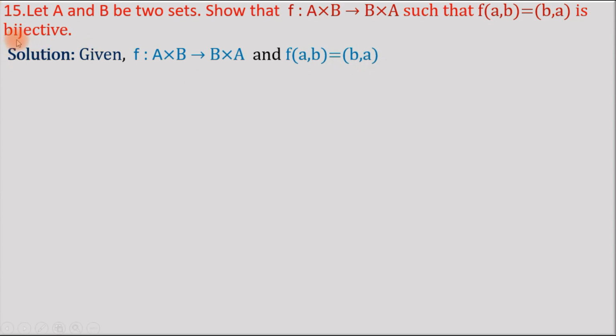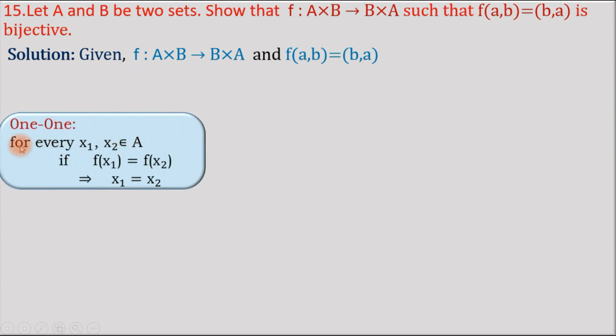To show that this function is bijective, first show that this function is 1-1. For that, f of x1 equals f of x2 implies x1 equals x2.